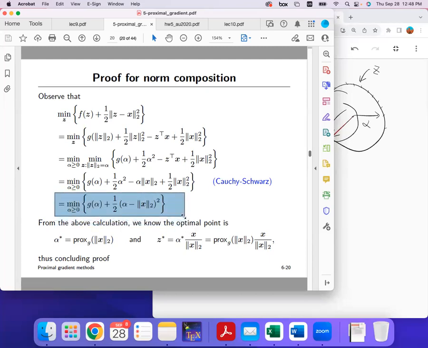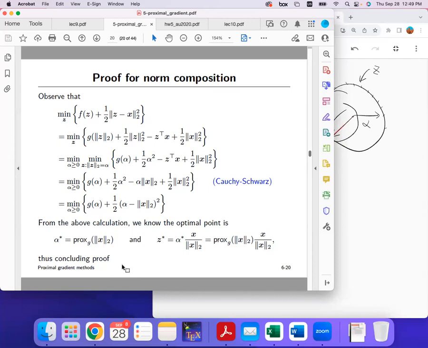So this problem, by definition, the minimizer alpha star is the proximal mapping associated with G evaluated at this scalar value. So the minimizer to this problem is simply this proximal mapping. So this is the alpha star.